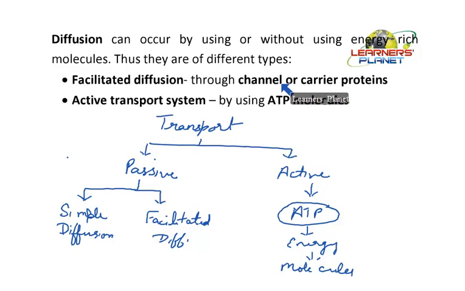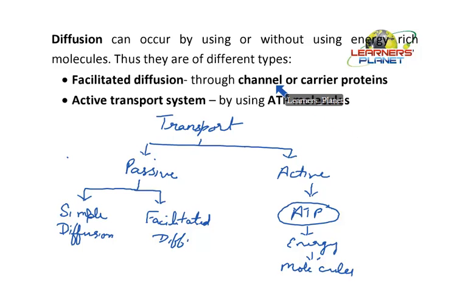Those proteins will either serve as a channel or as a carrier molecule. These molecules will pick up the molecule even if it is of larger size. Suppose a pore size is small, so the large molecule cannot diffuse there. To support the movement of such large molecules, these supporting molecules help out.